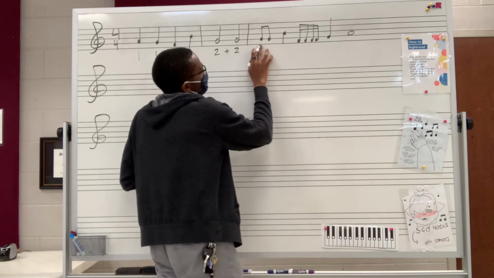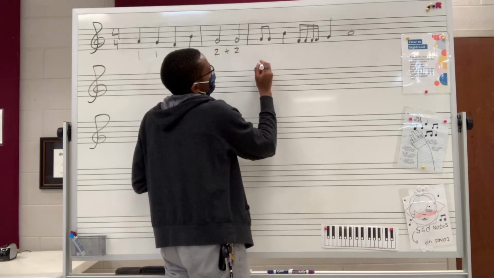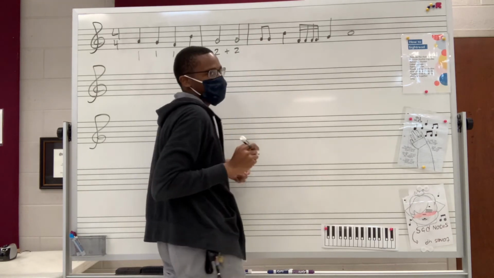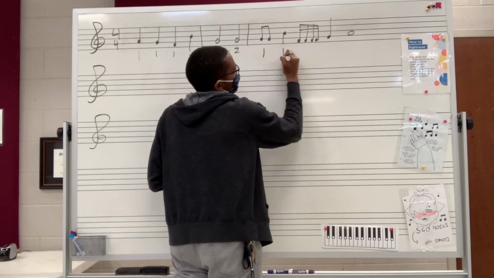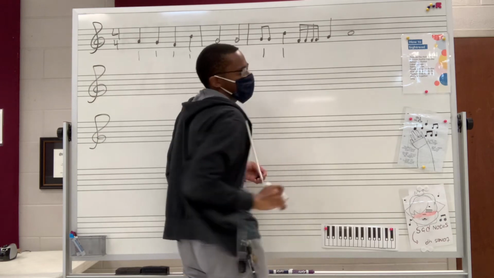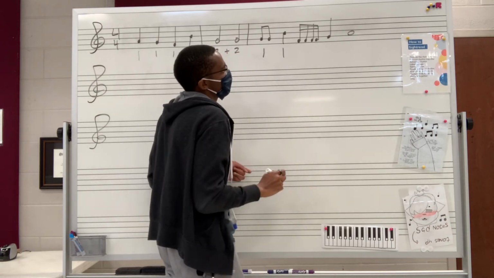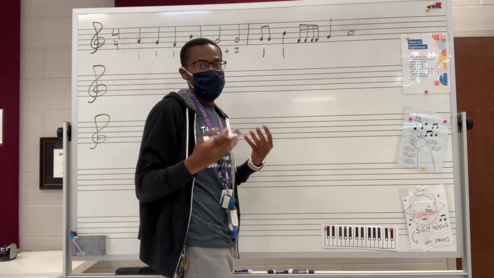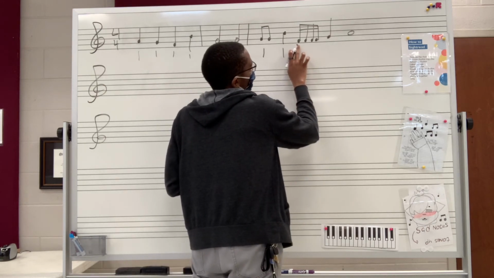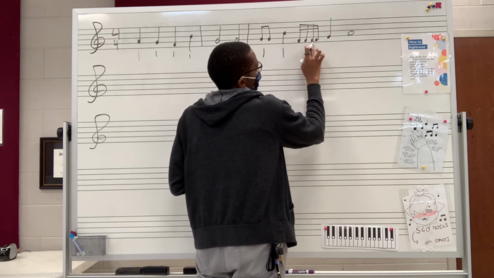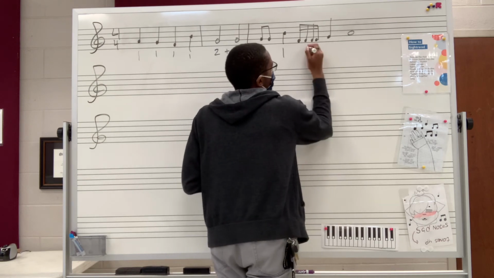Then I have 2 eighth notes. 1 eighth note by itself is half a beat, so 2 together equals 1 beat. And then a quarter note, that's 1 beat. I have 4 sixteenth notes, or takadimi. 4 sixteenth notes together equal 1 beat, because one of these equals a fourth of a beat. So a fourth plus a fourth plus a fourth plus a fourth equals a whole, so 1 whole beat.